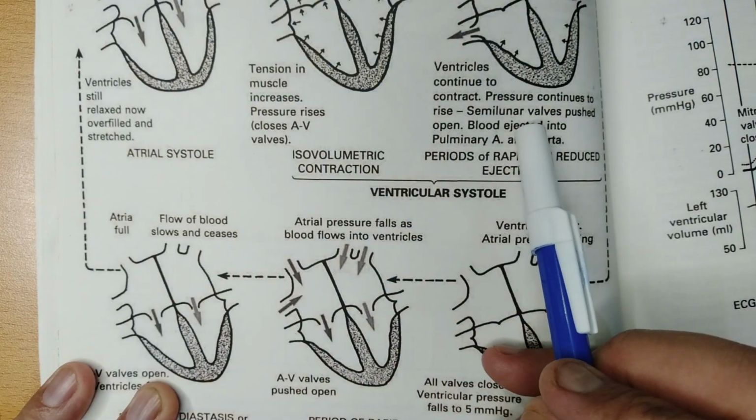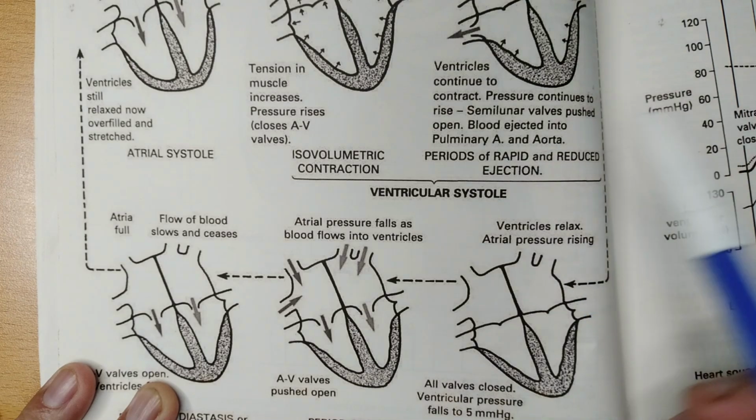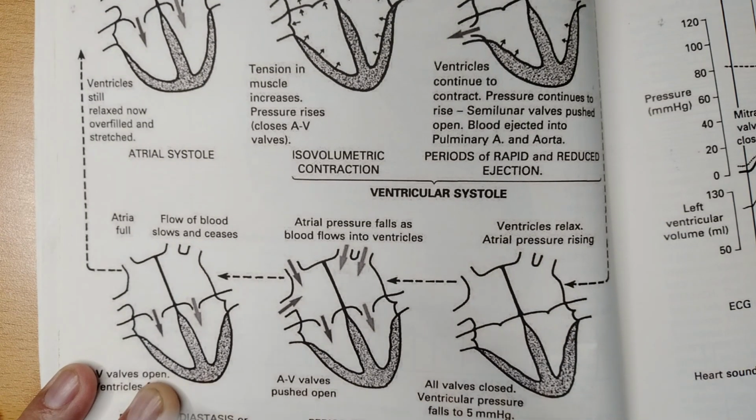The ventricles continue to contract and pressure continues to rise. These valves remain open and blood is ejected from the ventricles in the rapid and reduced ejection phases. First there is rapid ejection, like the rapid filling phase, then reduced ejection, like the reduced filling phase or diastasis.